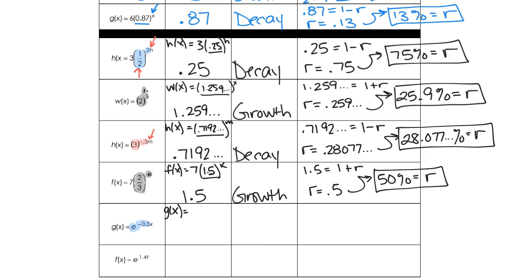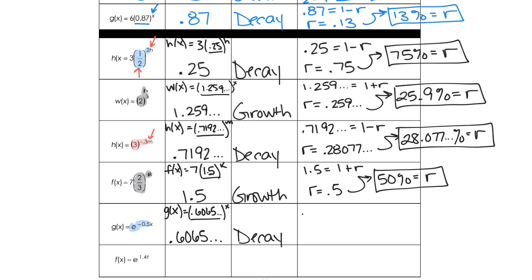E to the negative 0.5 ends up being 0.6065 raised to the x. And now we can take that base and say that our base is 0.6065. Since it's less than 1 and more than 0, we're going to go ahead and say decay.